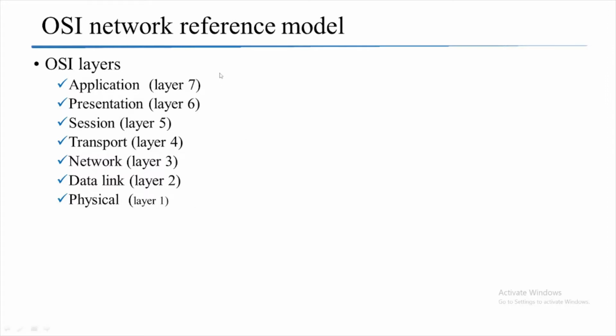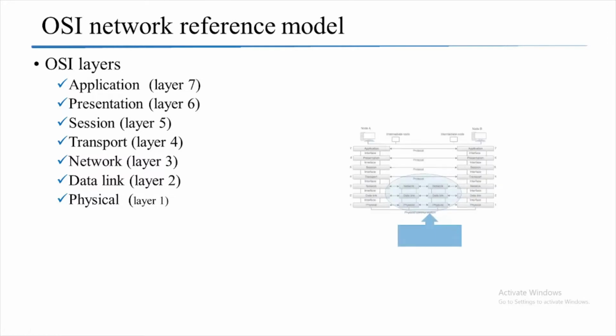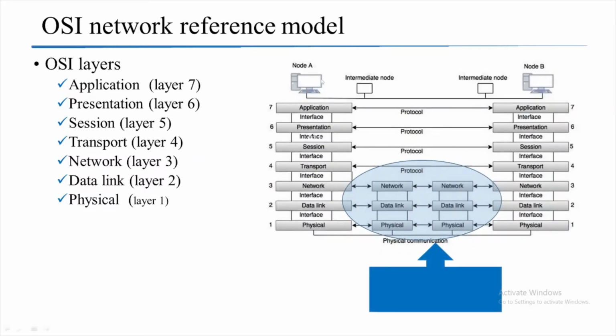But for now, to understand the 7 layers of the OSI reference model, let's take an example. If we have two computers, node A and node B, with two intermediate devices, let's say switches or routers or whatever it is, and node A wants to transfer data to node B, then before the physical data appears on the transmission medium or on the cable, it's generated on the application layer of node A and goes all the way down to the physical layer.